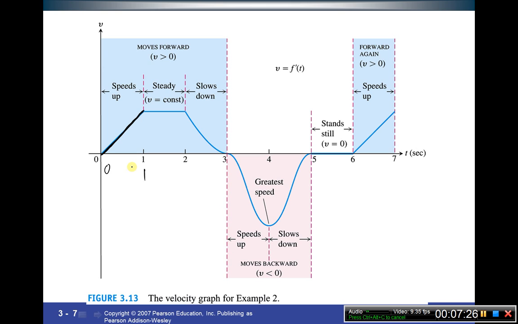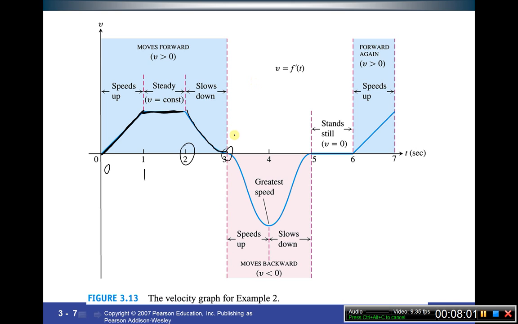Then between t equals 1 and 2, the velocity is constant. The body is still moving forward, but its speed is constant. And then between t equals 2 and t equals 3, you can see that the velocity is decreasing all the way down to 0, and so the body has been slowing down.